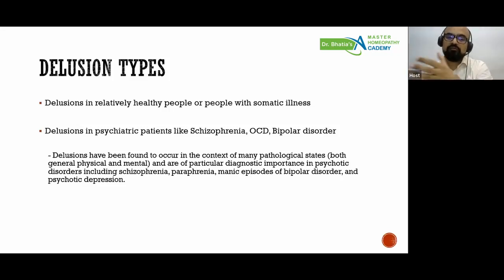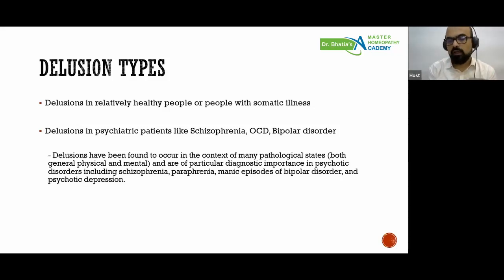In schizophrenia, if you are getting delusions or hallucinations; in OCD, if you are getting illusions or delusions; in bipolar disorder, you are getting illusions or delusions, these are often common symptoms. But if in healthy people, in people with somatic illness, in people with mental illnesses which are not directly related to psychosis, you find rubrics related to delusion, they are much more characteristic.